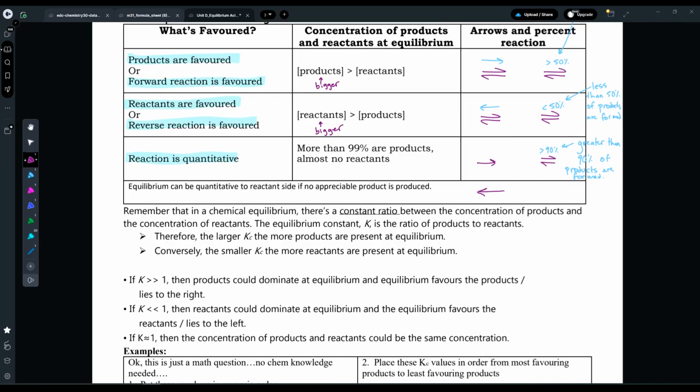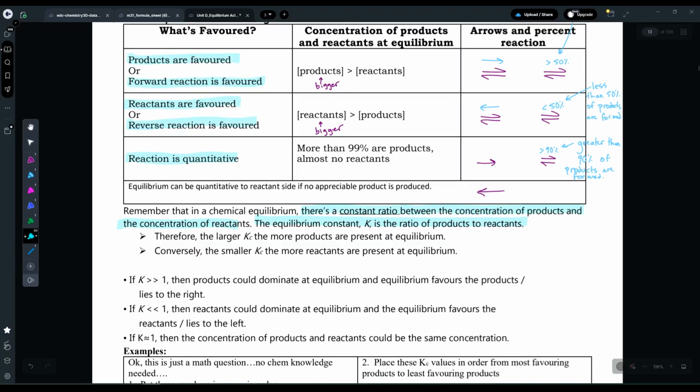Just as a reminder, in a chemical equilibrium, there's a constant ratio between the concentration of the products and the concentration of the reactants. That is what your equilibrium constant, K, represents: the ratio of the concentration of products compared to the concentration of reactants.